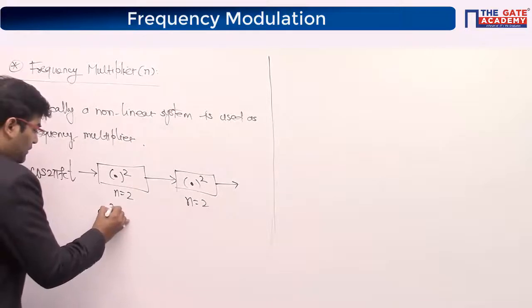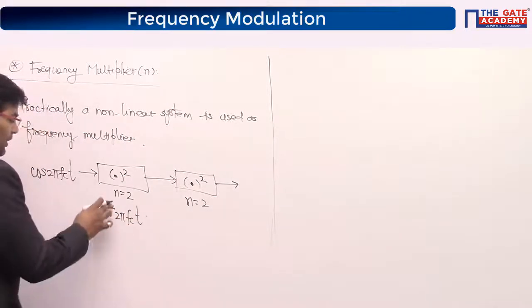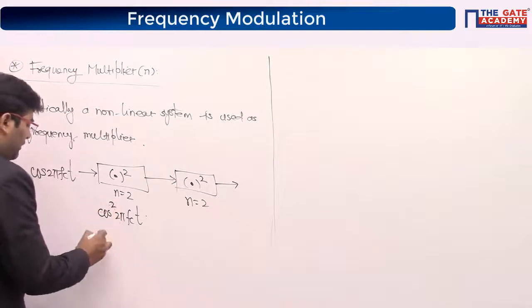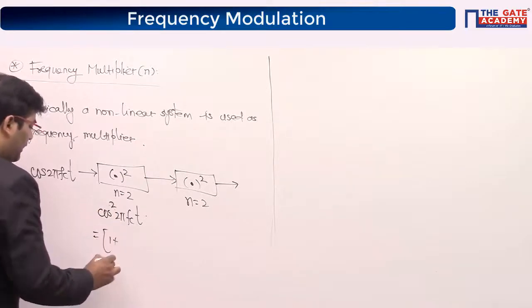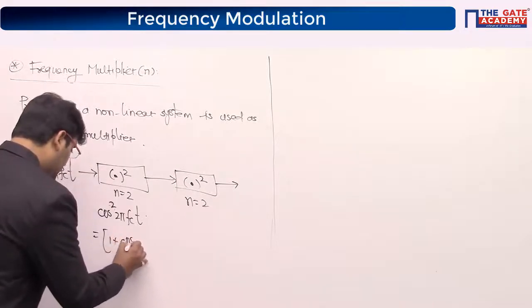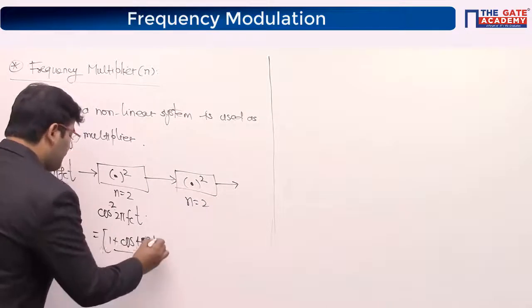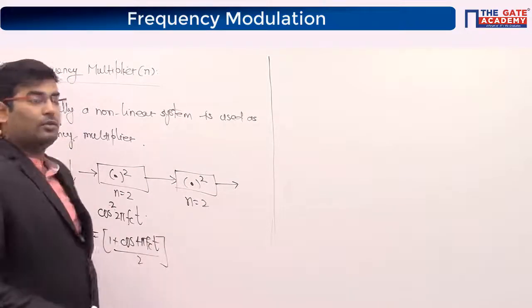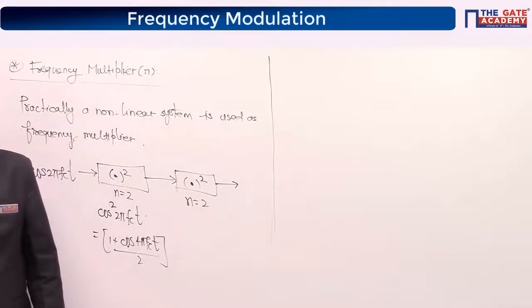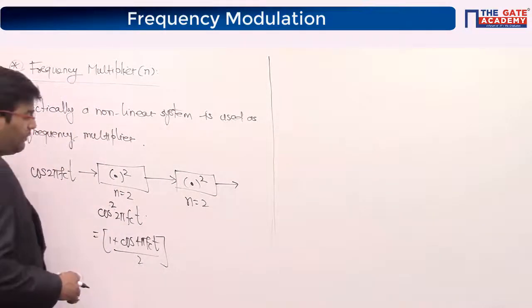It will be cos²(2πfct), and you know the formula of cos square, it will become 1 plus cos 4πfct by 2, because cos 2θ is equal to 2cos²θ minus 1. So cos²θ is 1 plus cos 2θ by 2.